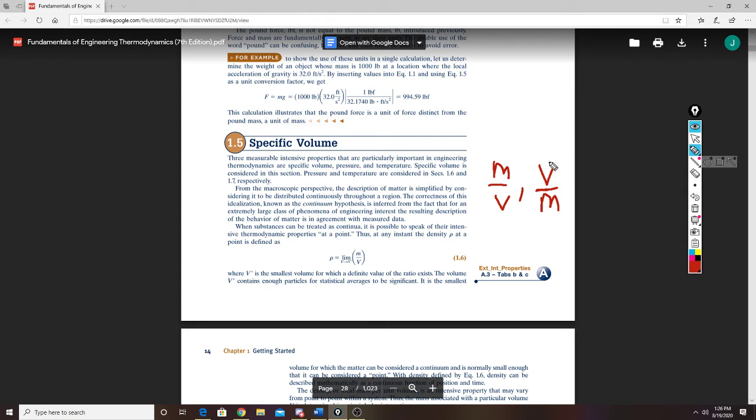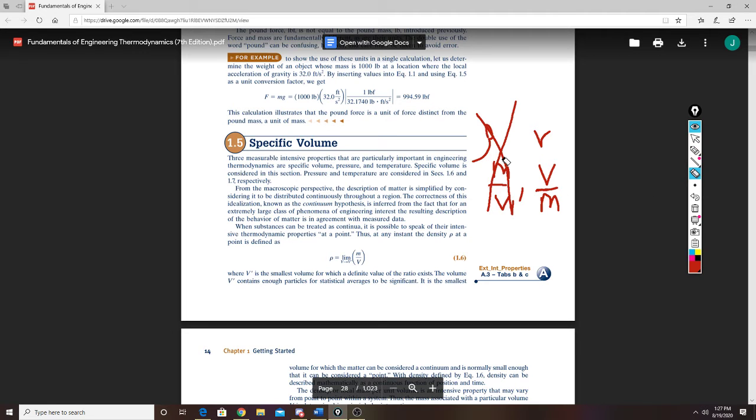So this right here in this class is density, right? Rho, density. This right here is specific volume. And I know this is going to suck, but my specific volume is like a weird v, so it looks like that. So density, specific volume. In this class, we probably won't see density very often.